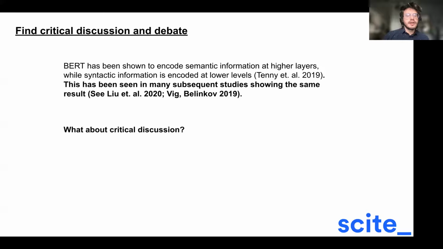While we might be able to say this claim has been seen in subsequent studies showing the same result, we want to know: is there critical discussion of this claim? Because even if something has been replicated, maybe there are emerging approaches, or maybe there's some underlying flaw to all of these studies that really hasn't been addressed.